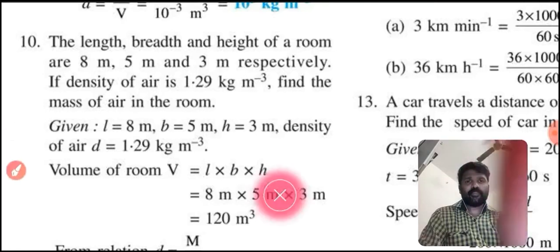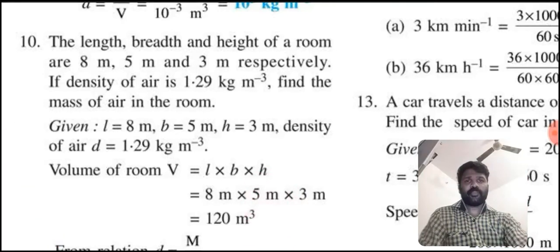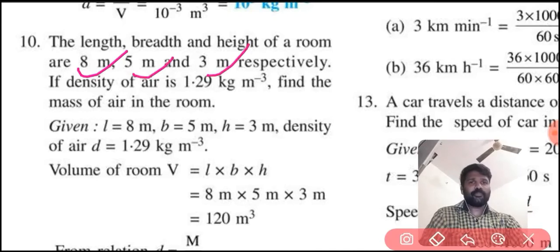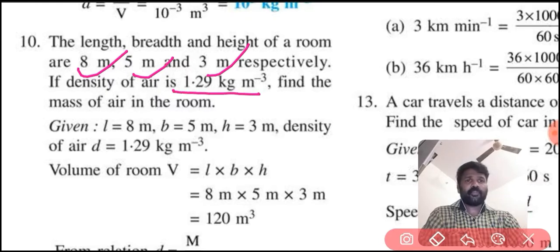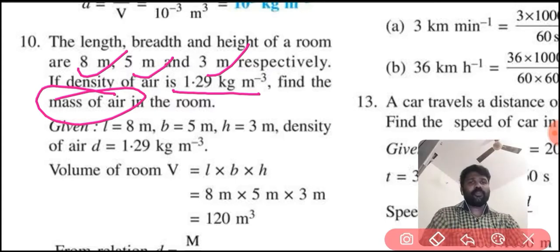If the density of air is 1.29 kilogram per meter cube, find the mass of air in the room.